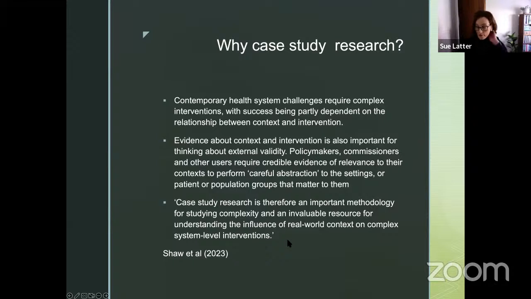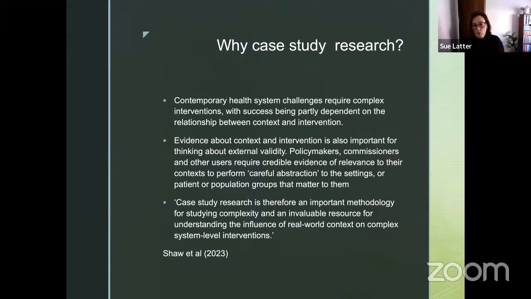So, as I say, I've had a couple of funded studies which have looked at complex interventions through a case study design, or actually case studies have formed part of a bigger study. So my study that I just referred to on access to medicines at end of life, what we started off with was actually a big online questionnaire survey of healthcare professionals, asking them about their experience of providing access to medicines in the last 12 months of life.